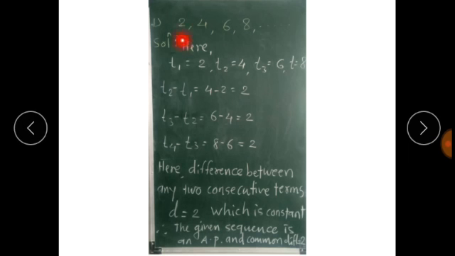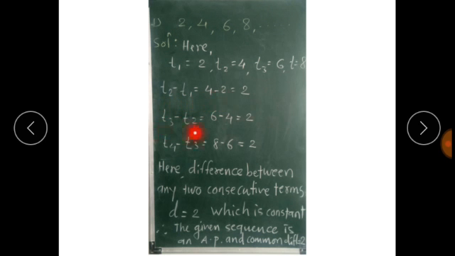Now the sequence in example number 1 is 2, 4, 6, 8. So here T1 is 2, T2 is 4, T3 is 6 and T4 is 8. Let us find the difference between the first two consecutive terms, T2 minus T1. T2 is 4 minus T1 is 2, it will give us 2.